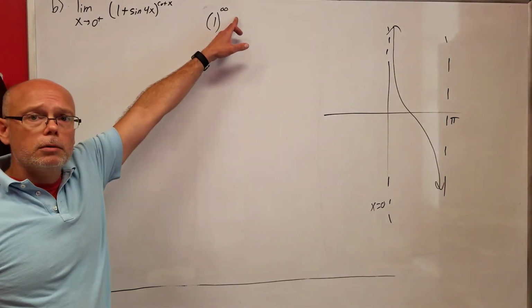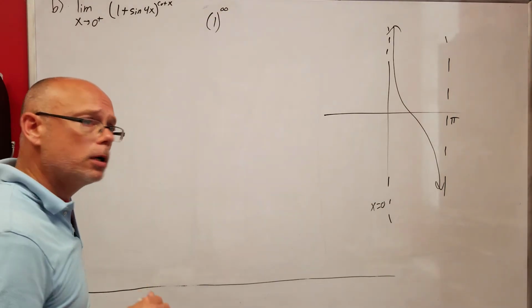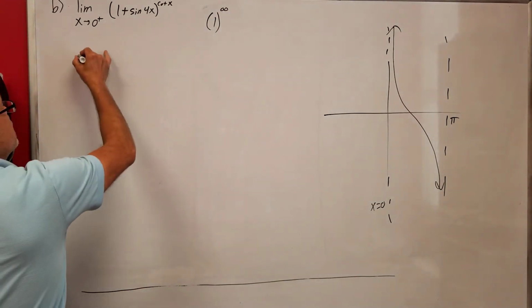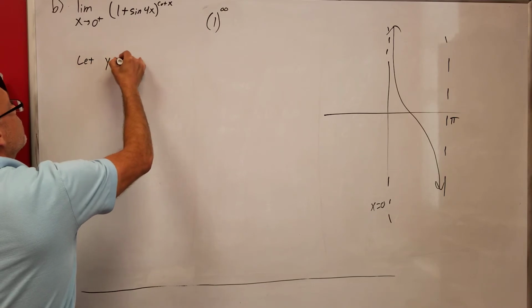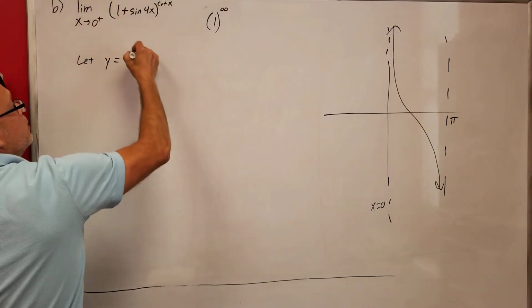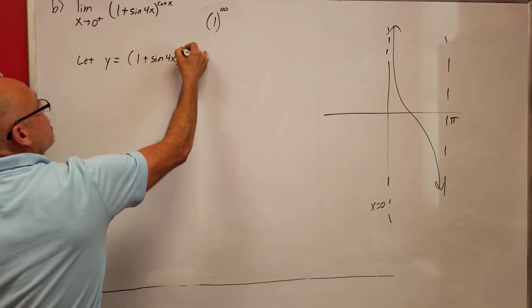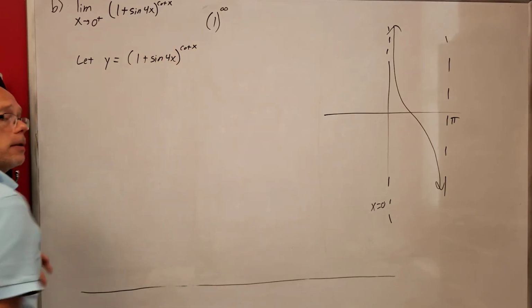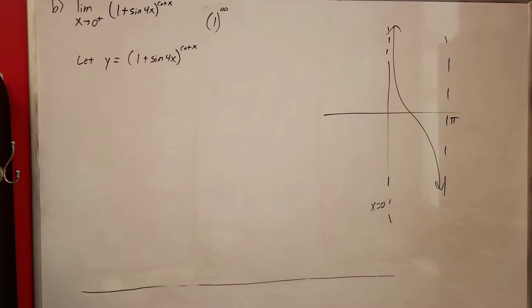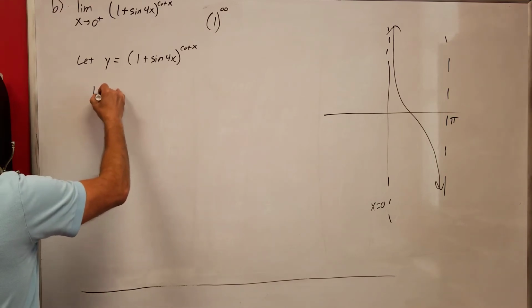So what do we do? According to the statement we had on the board, what I do at this point is I let y equal what I'm trying to take the limit of: 1 plus sine of 4x to the cotangent of x. Then I take the natural log of both sides.